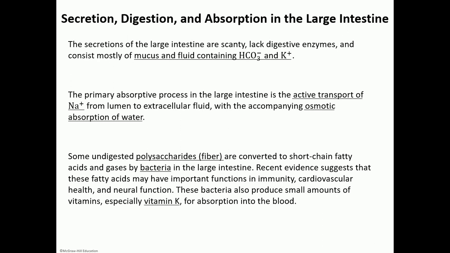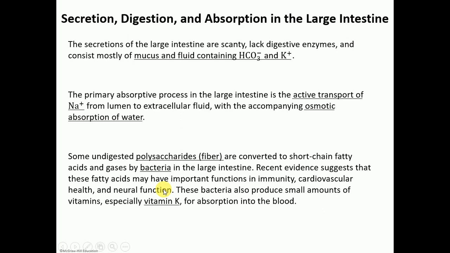The mucus helps in the defecation process. There is also some fluid that has bicarb and potassium. The colon helps in the homeostasis of bicarb and potassium by having the ability to secrete them. The only things the large intestine can really absorb are a little bit of salt, followed by water by osmosis.